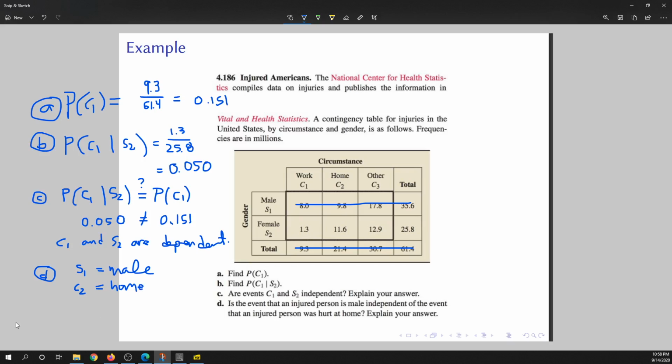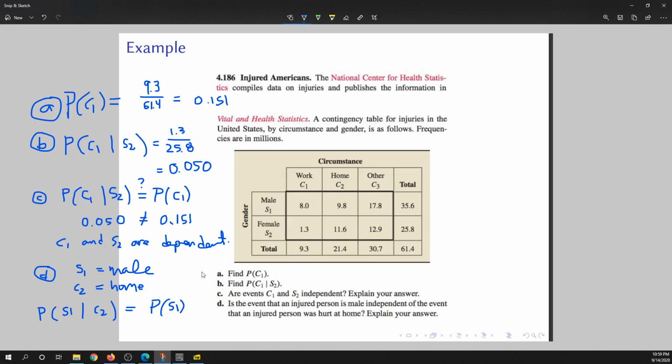One of the things we could do is look at the probability of S1 given C2, and then look at the probability of S1. We could do it the other way too if we wanted to.